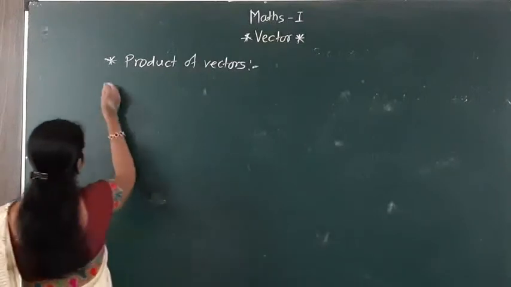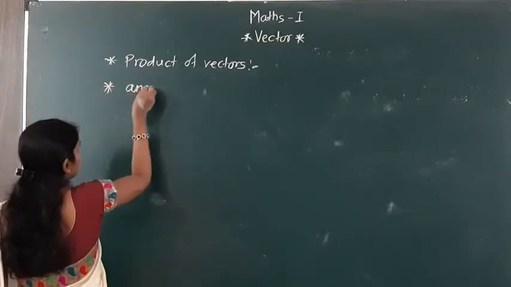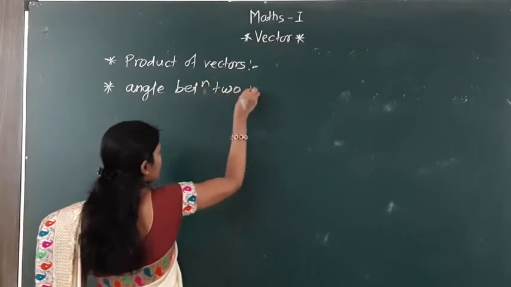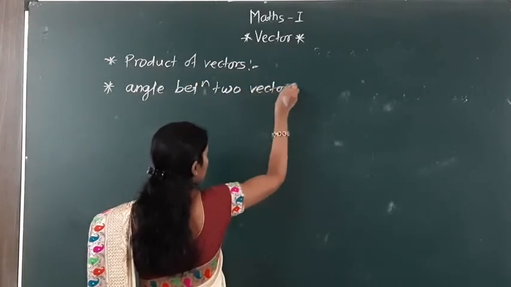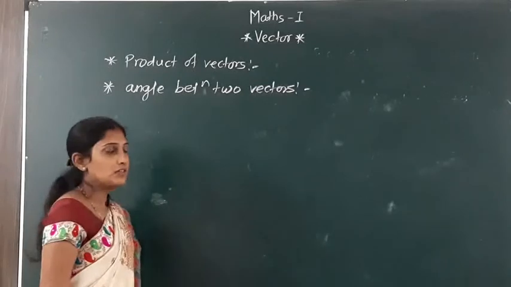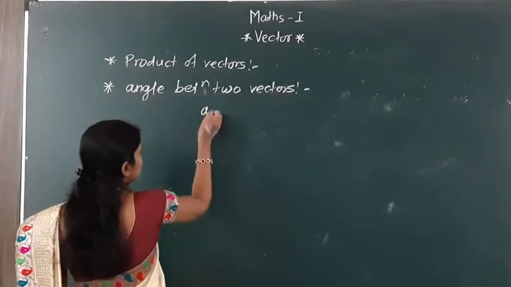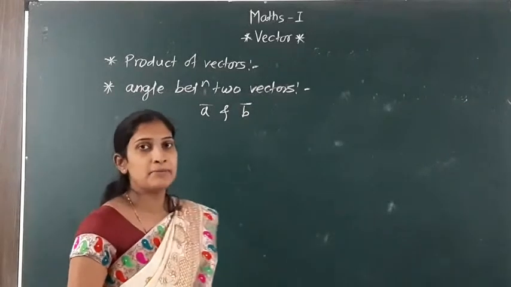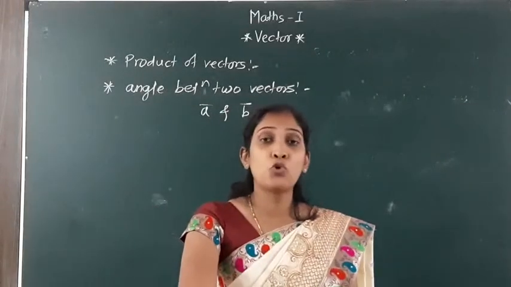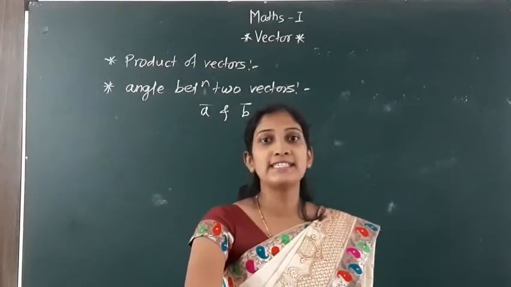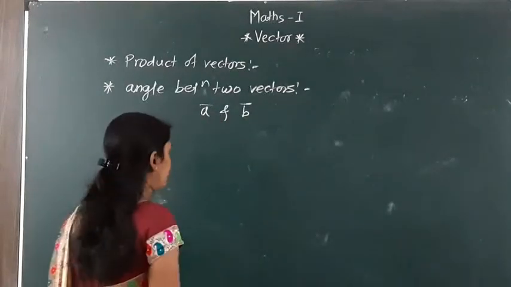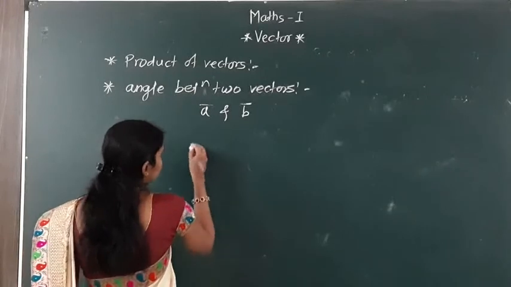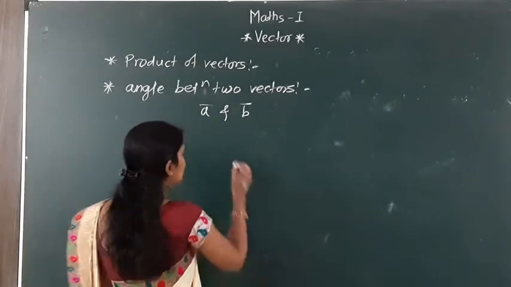Angle between two vectors. Suppose there are two vectors, a bar and b bar. These two vectors intersect each other, and that angle of inclination is theta.